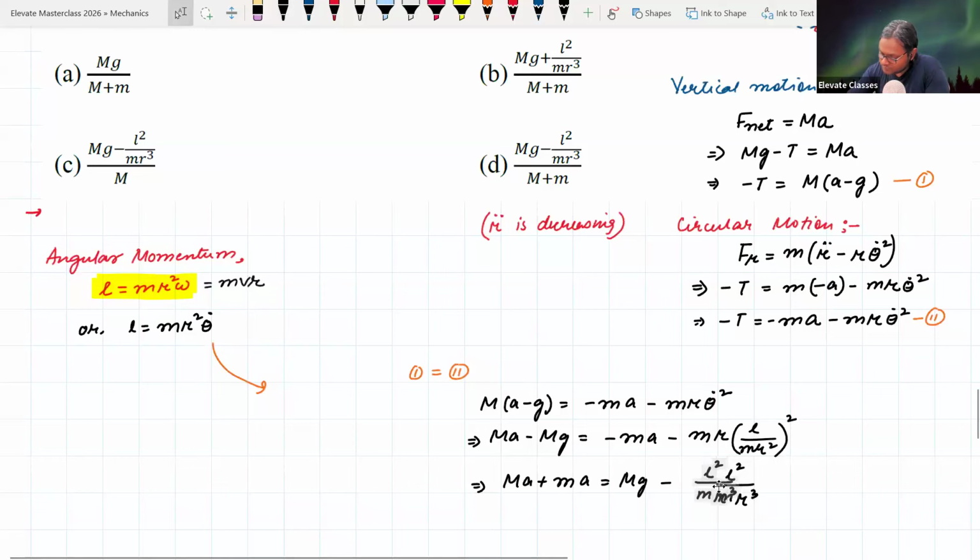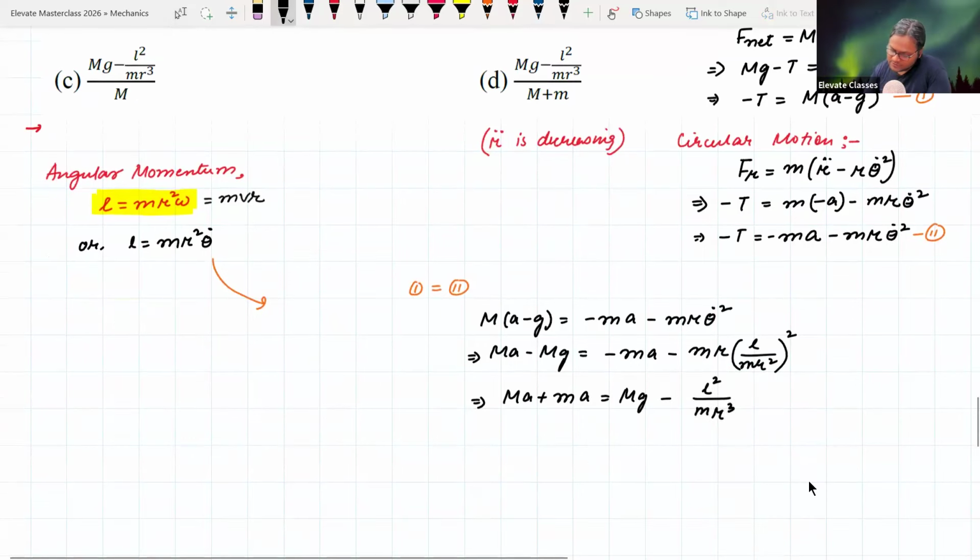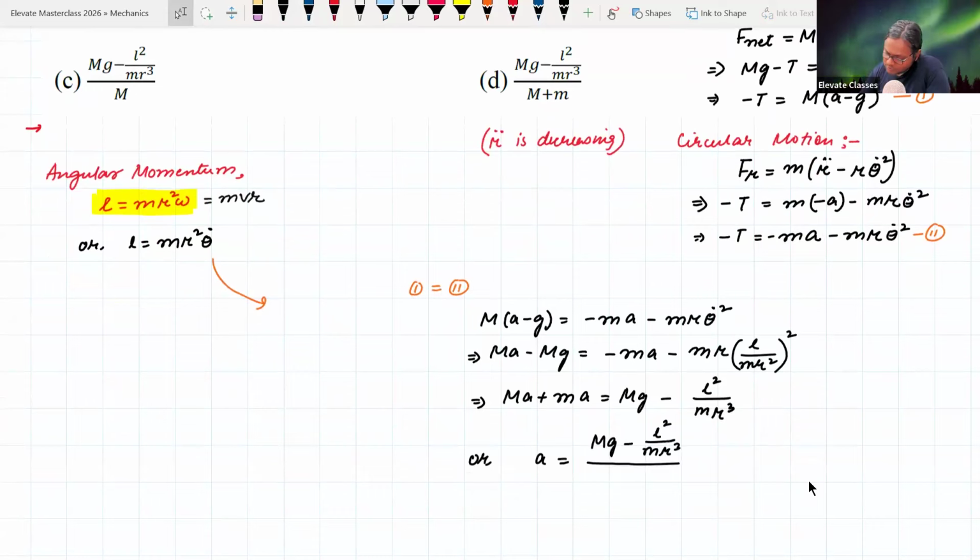So therefore finally it becomes A is equal to capital Mg minus L square upon mr cube upon capital M plus small m. That's it. This is your answer. Capital Mg minus L square upon mr cube divided by capital M plus small m. Answer is option number D.